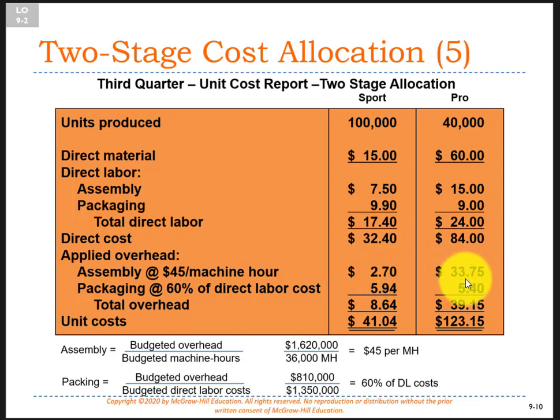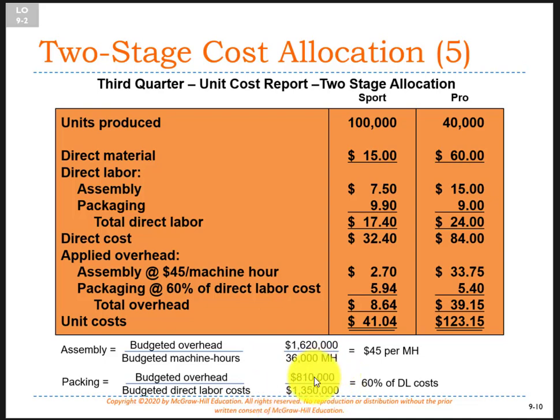And so we're going to apply the overhead differently. And then for the packaging, we're just going to use direct labor cost. So you see that cost is very similar, because the direct labor cost for each of the products is similar.